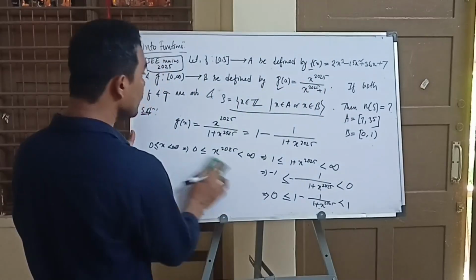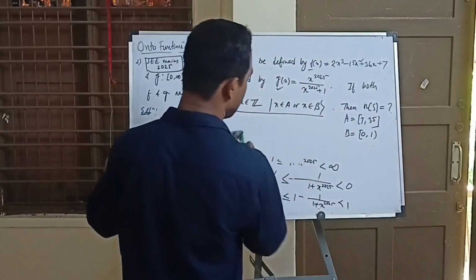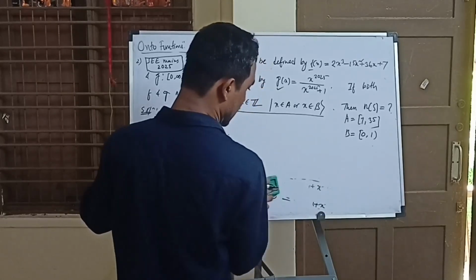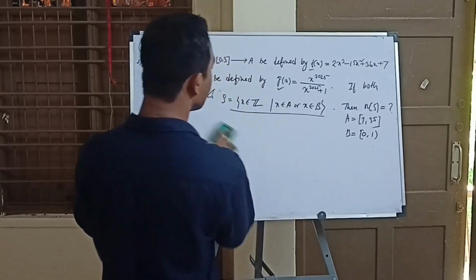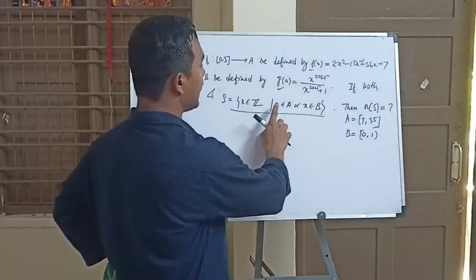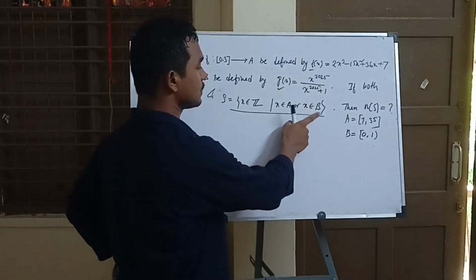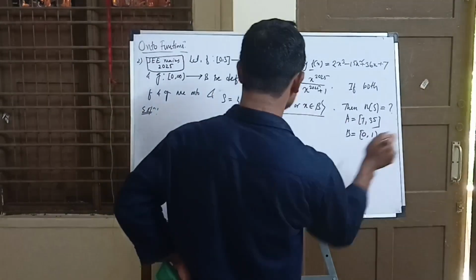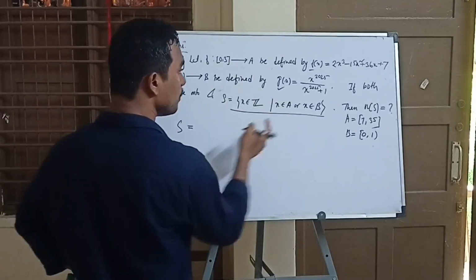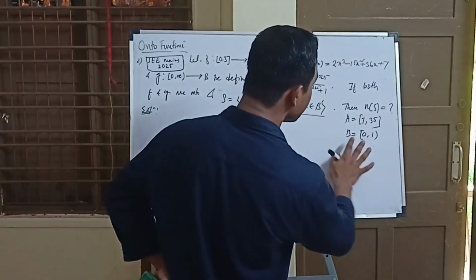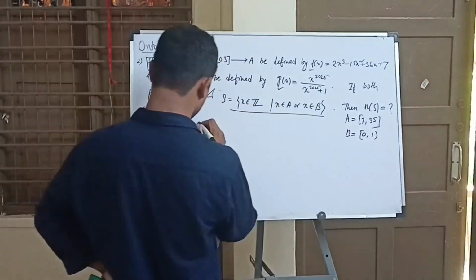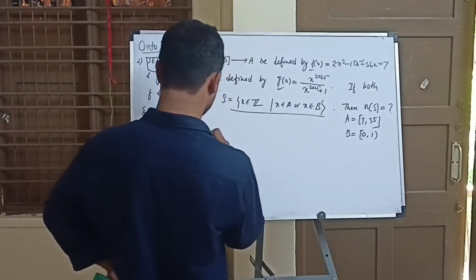Now we have to find the value of this set S. S is what? The set of all integers such that x belongs to A or x belongs to B. How many integers in B? First tell me. Only one integer, correct? 0.